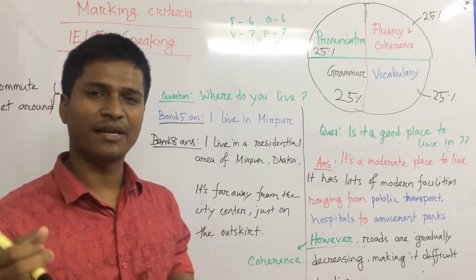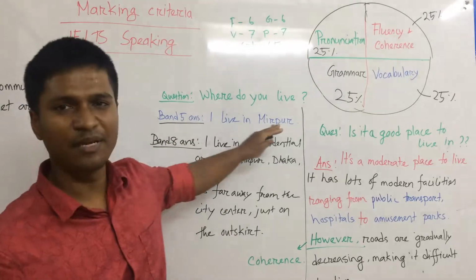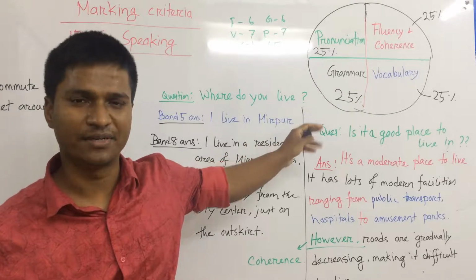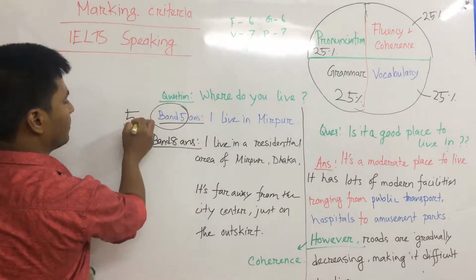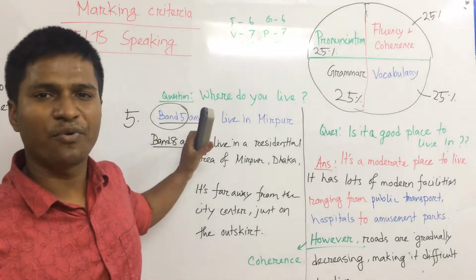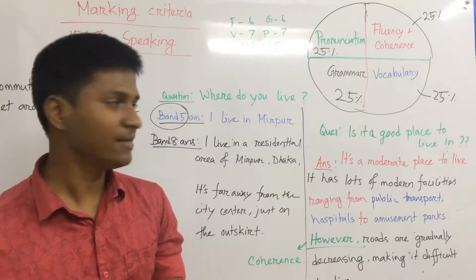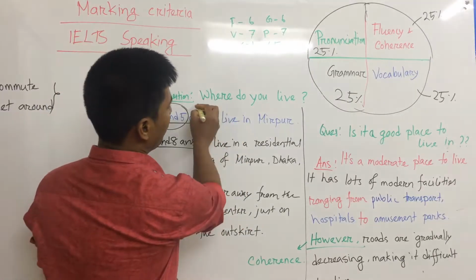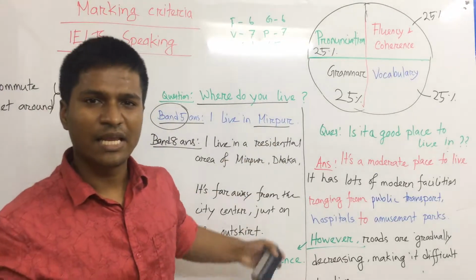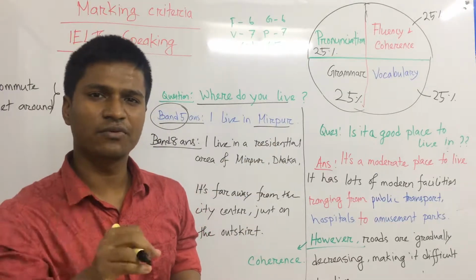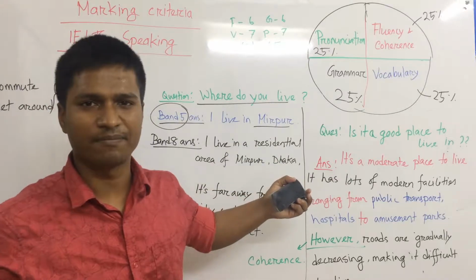But if you answer the question simply, like I live in Mirpur, I live somewhere, then you will get 5.0 in your IELTS speaking exam. Why? Because basically you didn't use any sort of good grammar. You didn't use any sort of good vocabulary.